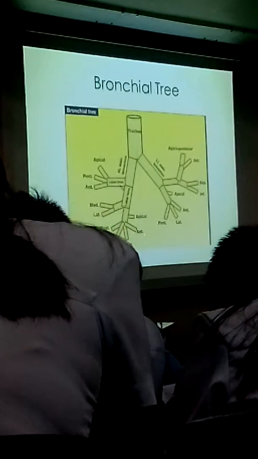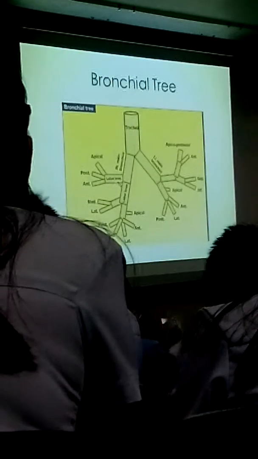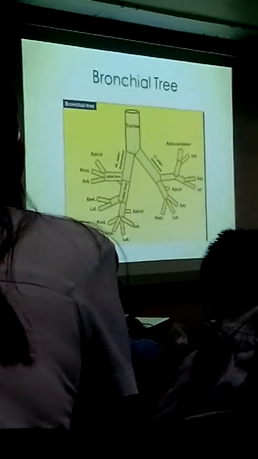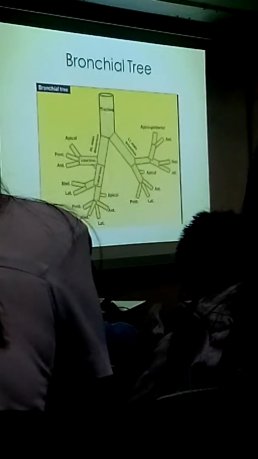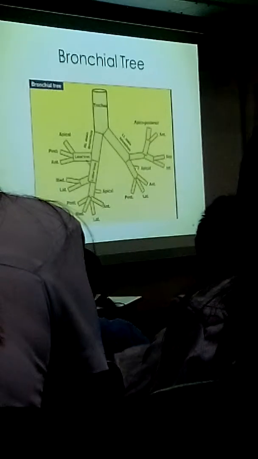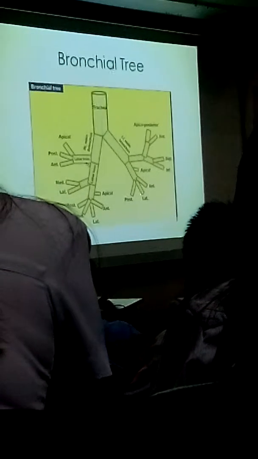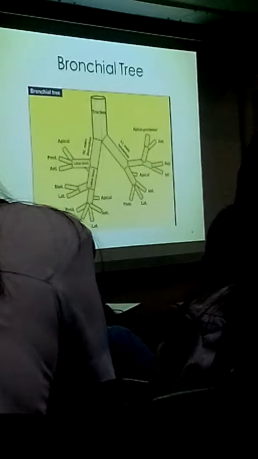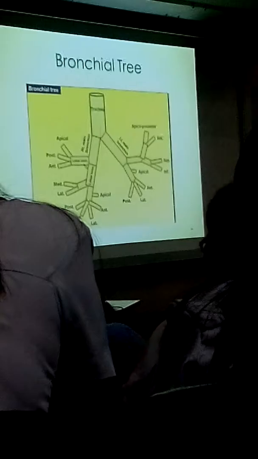So in your right lower lobe, there are 5 subsegments: your superior or apical subsegment, anterior, lateral, medial, and posterior. While on your left, there are only 4: your superior subsegment, anterior, lateral, and the medial and posterior fused into posteromedial subsegment.